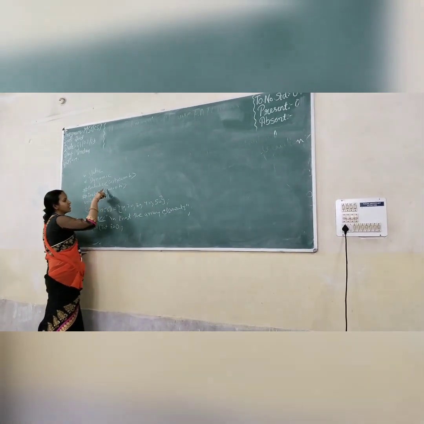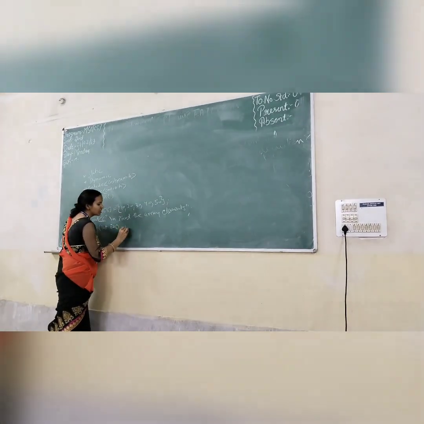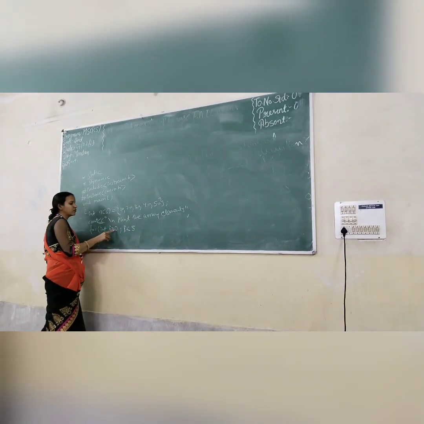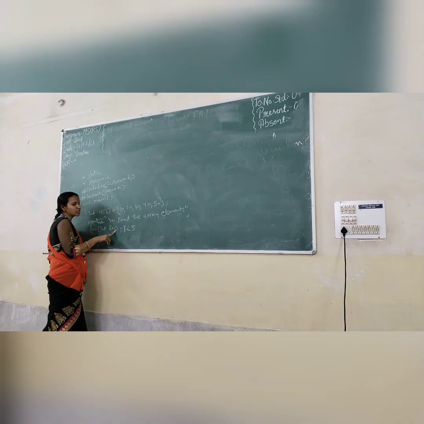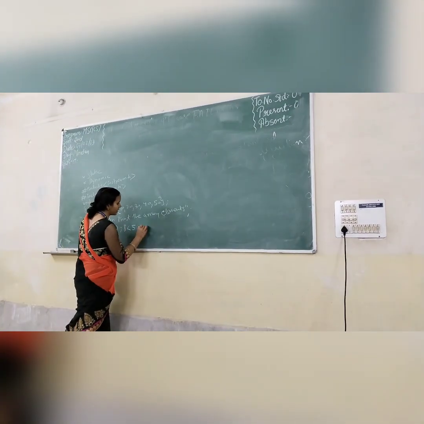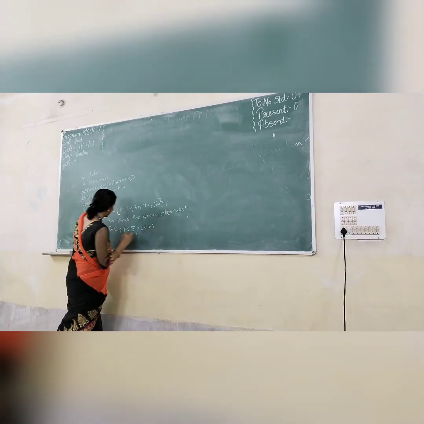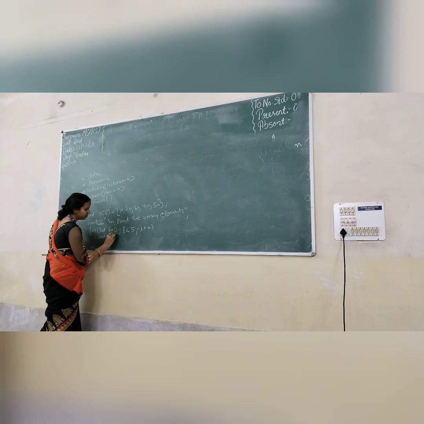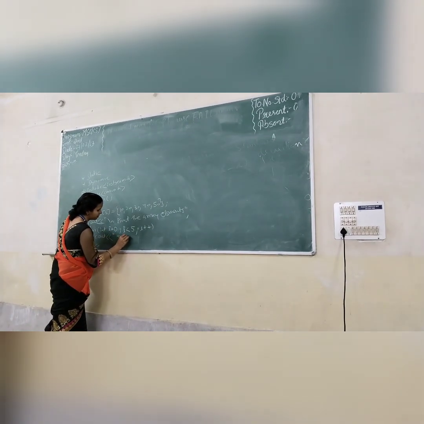The size of the array is 5, so I is always less than 5, because our counting starts from 0. So it will go to 4: 0, 1, 2, 3, 4, and I plus plus. Now print the value: cout the array.